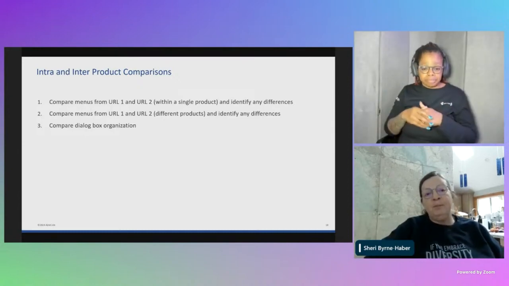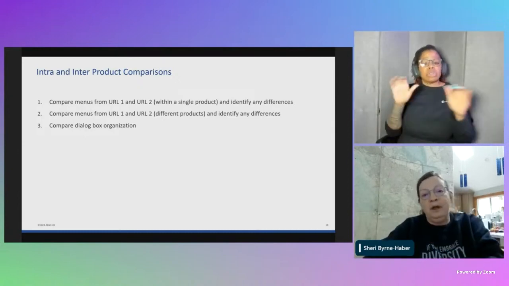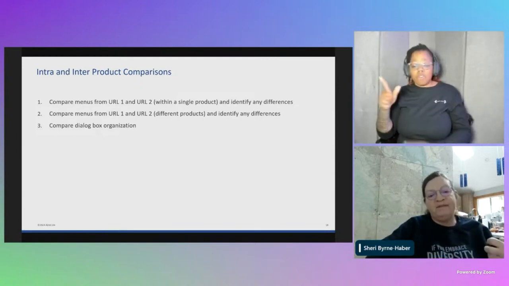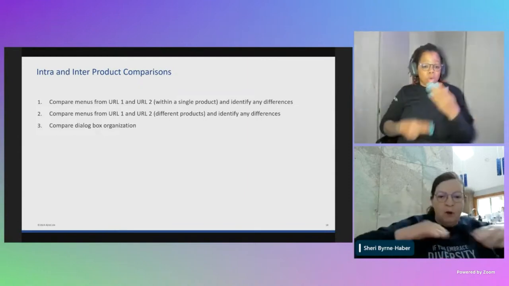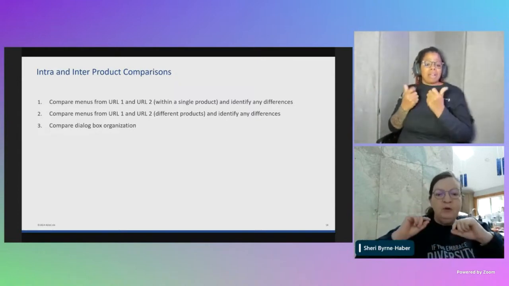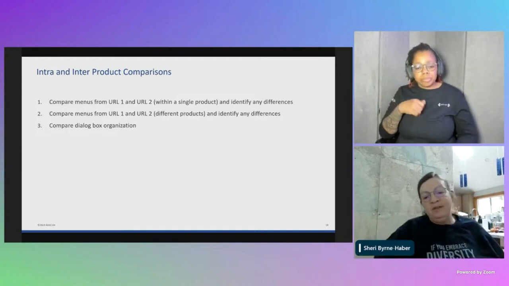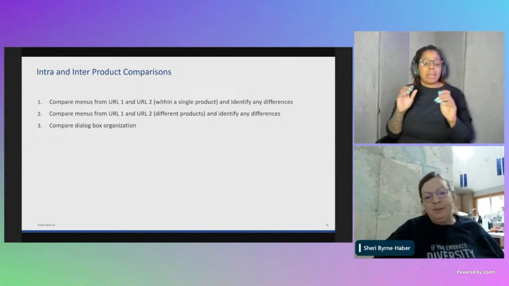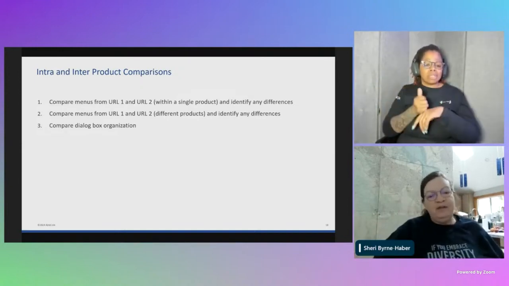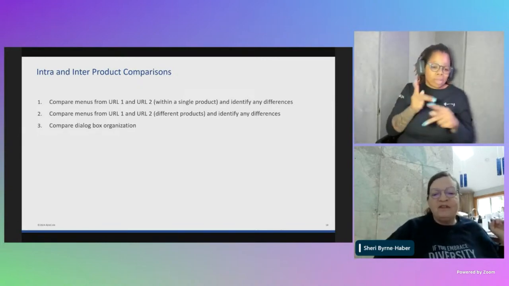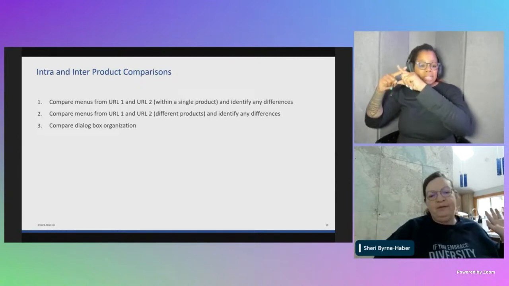You can also compare between one URL and another URL from different products, as long as both of those products are available behind the firewall to the LLM that you're inquiring about. And you can compare dialog box organization, for example. Make sure the OK button is in the right place. Make sure the cancel button is in the right place. Make sure the X close button is in the right place.